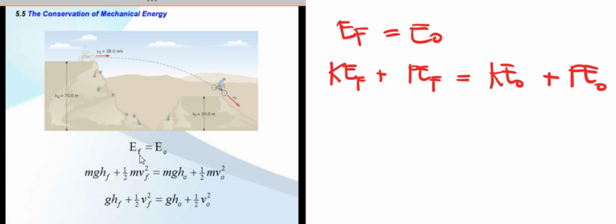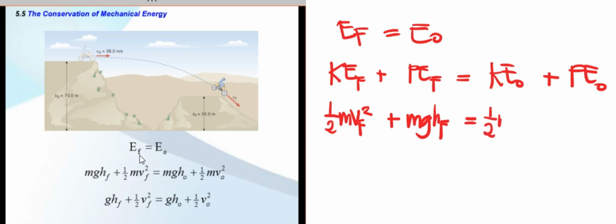That is why this is kinetic energy plus potential energy. This is 1/2 mv final squared plus mgh final, equal to 1/2 mv initial squared plus mgh initial.